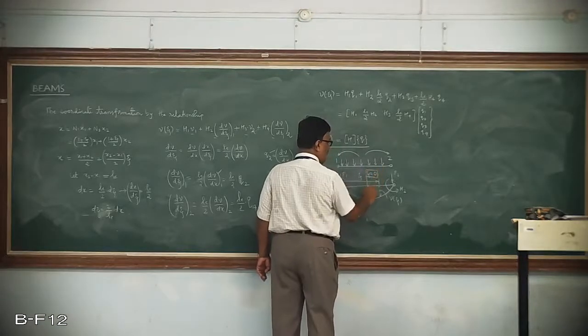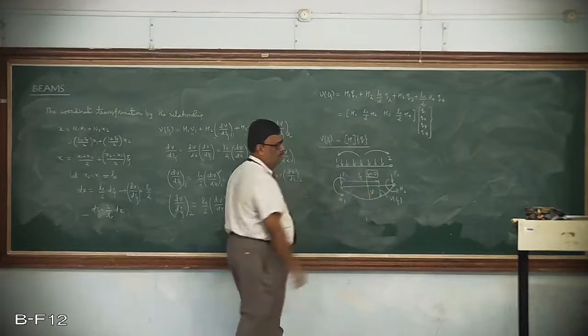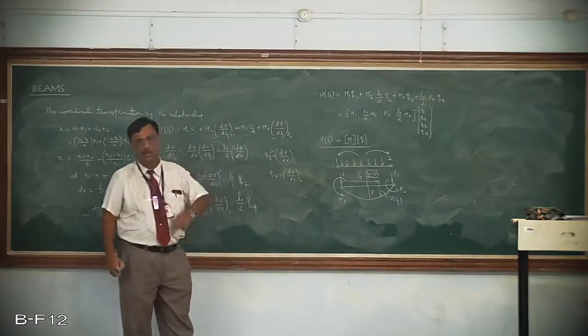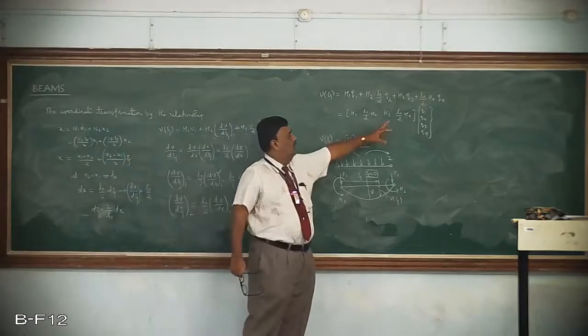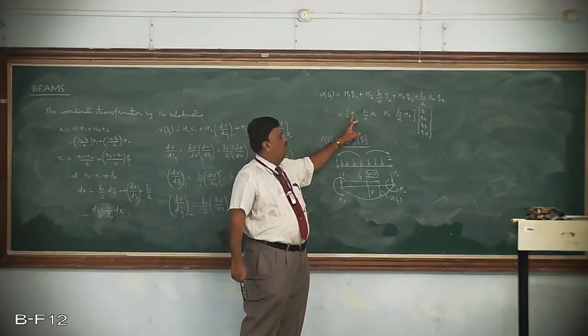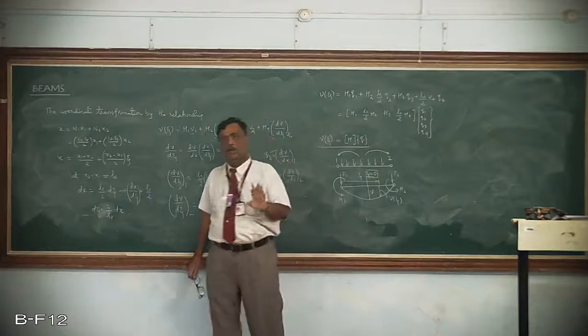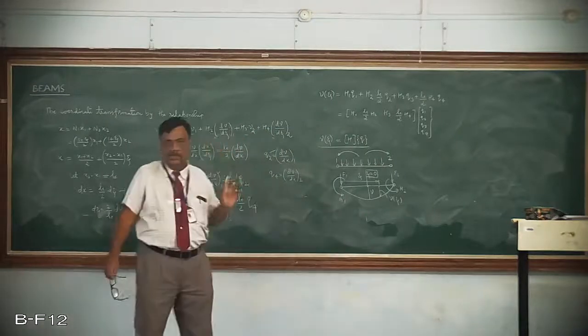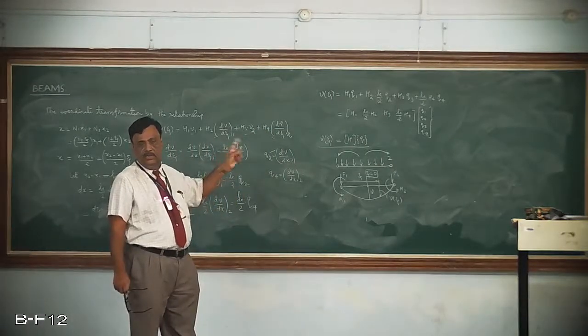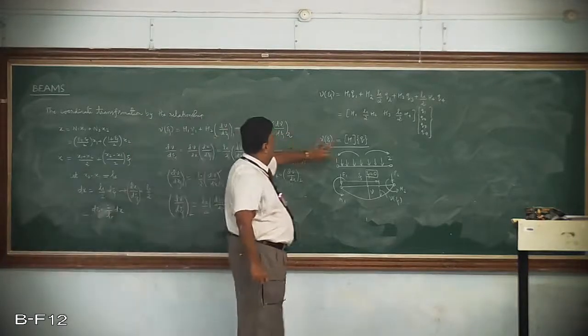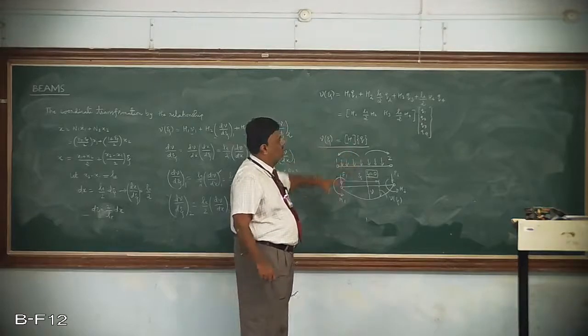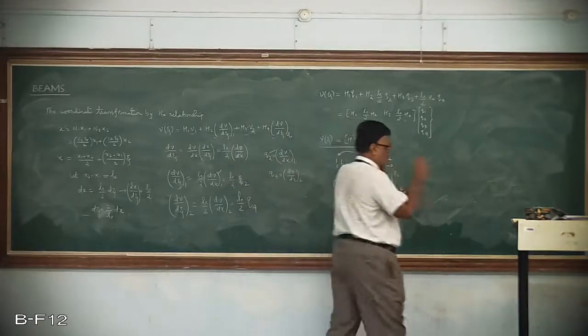So you simply substitute zeta equal to 0 in all these equations. You know that h1, h2, h3, h4 are all functions of zeta, like 2 minus 3 zeta plus zeta cube, 1/4 and all that.